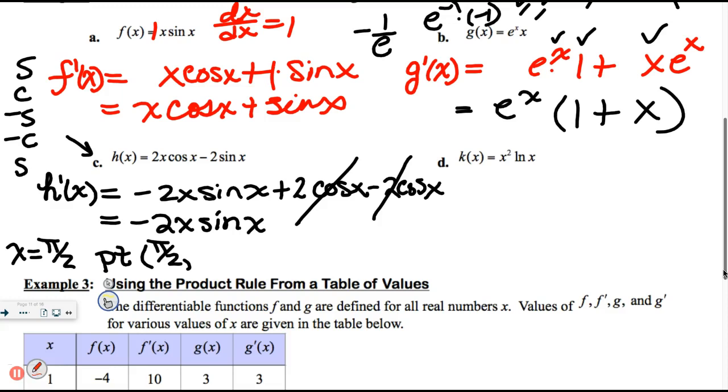We need the y value there. Y values are the original function. So I'd have 2 times pi halves cosine pi over 2, and cosine pi over 2 is 0. Minus 2 times sine of pi over 2, sine of pi over 2 is 1. So that's going to be a -2 for the y value. So to get those y values, you plug the x values in to the original function.